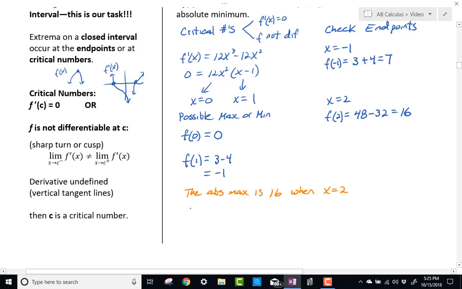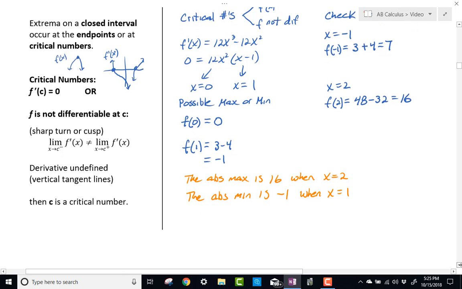The absolute min is -1 when x equals 1. Okay, so there you go. We have absolute max and min. All right, let's take a look at another example here.